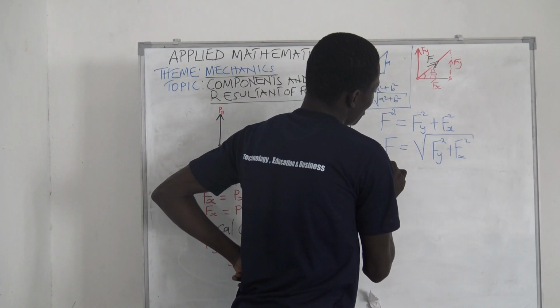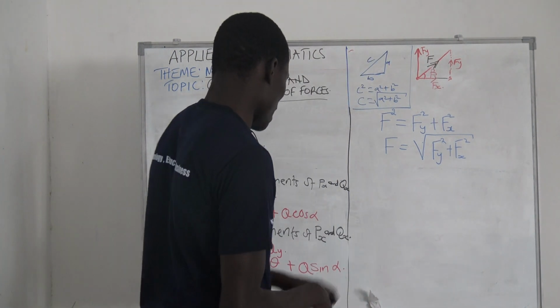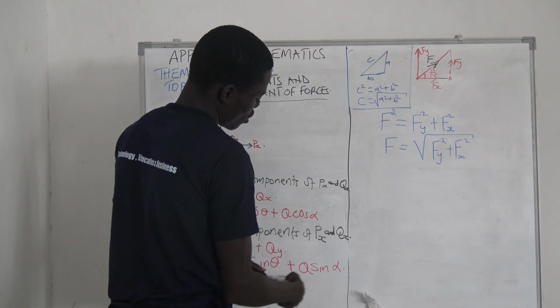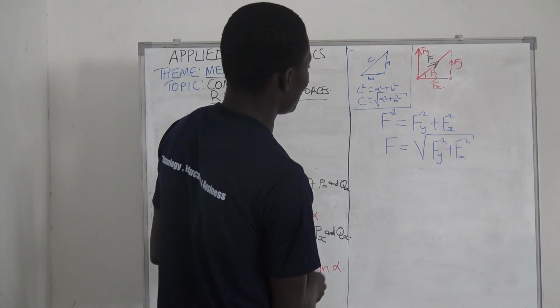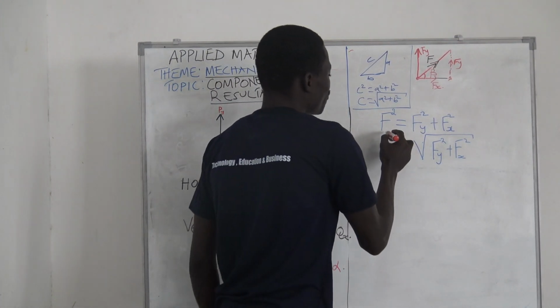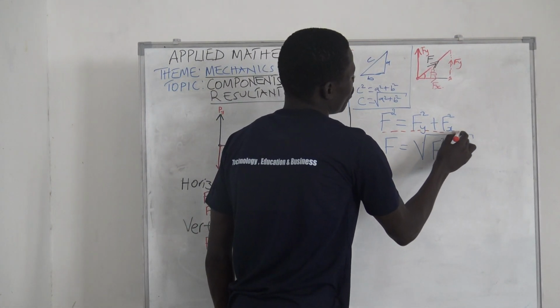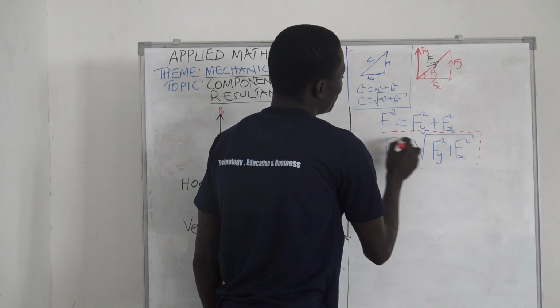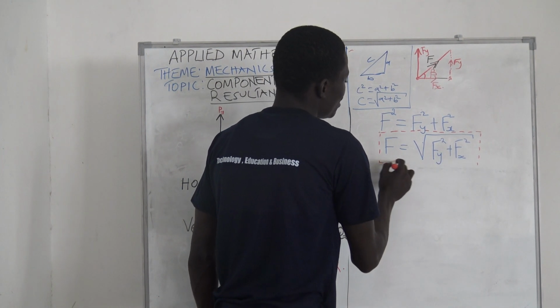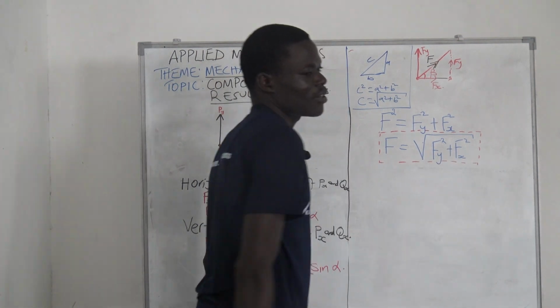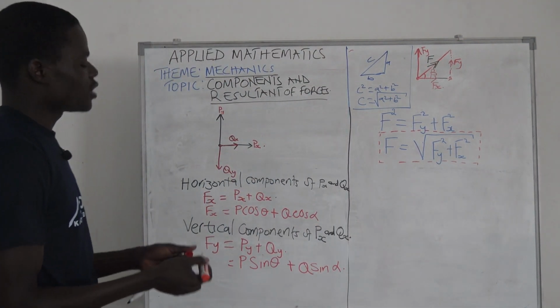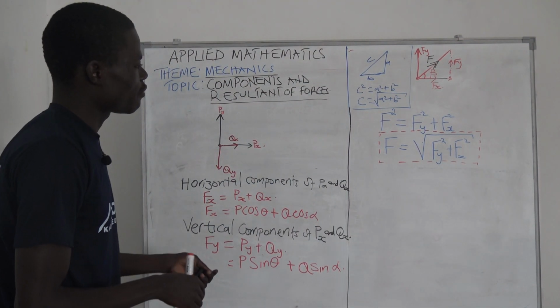So this becomes our resultant force F of the two particles moving in different directions at different angles. And that's how we shall be calculating the resultant force F.